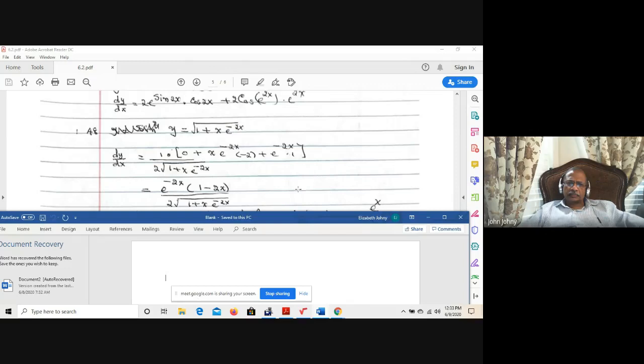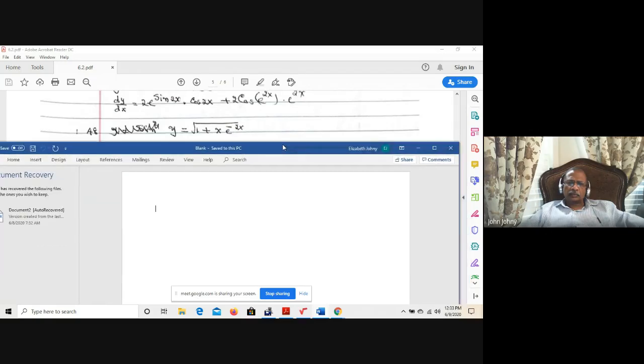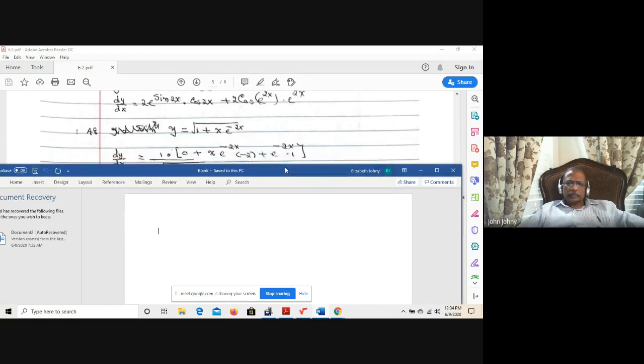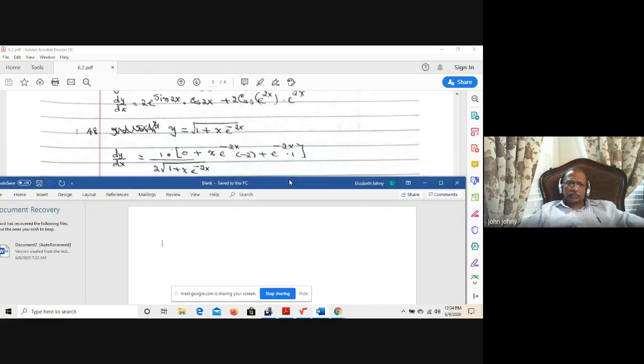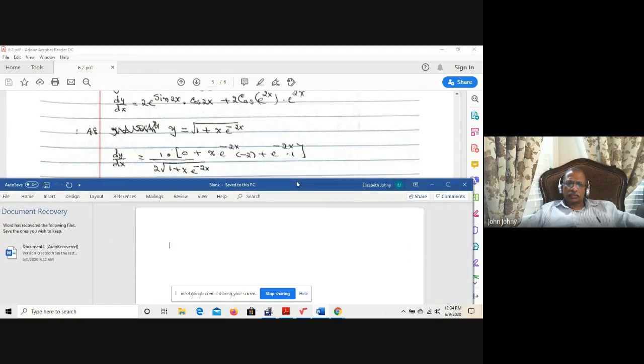48. y is equal to the square root of 1 plus x times e to the negative 2x. Now differentiate. The first step is to use the formula for the square root of x: the derivative of the square root of x is 1 over 2 times the square root of x.